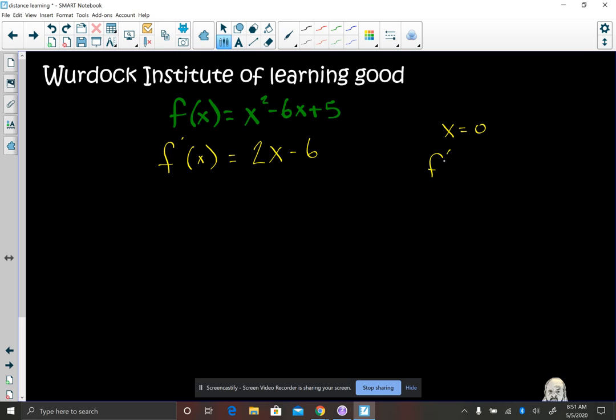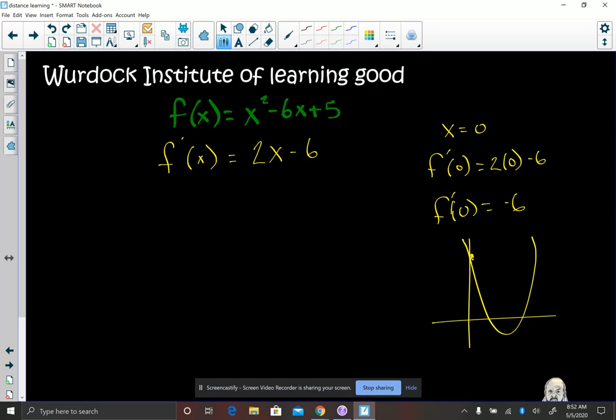All I do is into my derivative, put a 0. And I get 2 times 0 minus 6. I'm just substituting. The derivative at the x value of 0 is negative 6. Graphically, don't forget, it looked like this slope was very steep and negative 6.